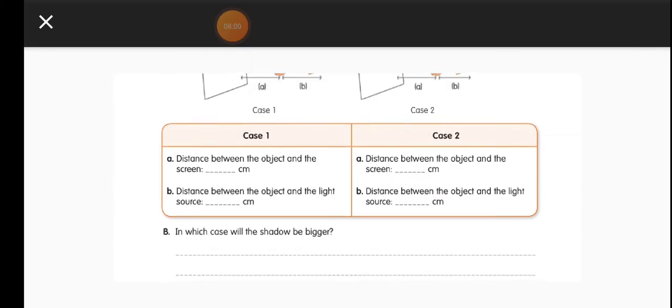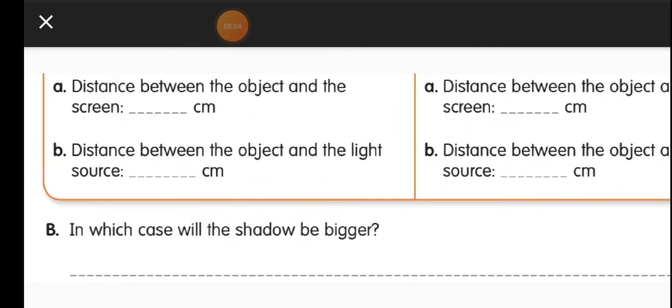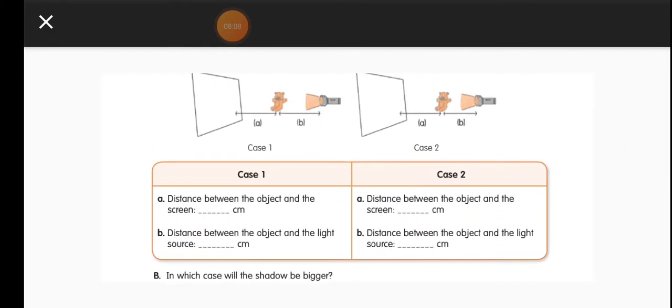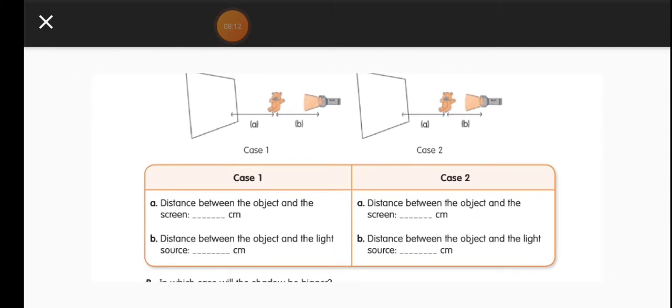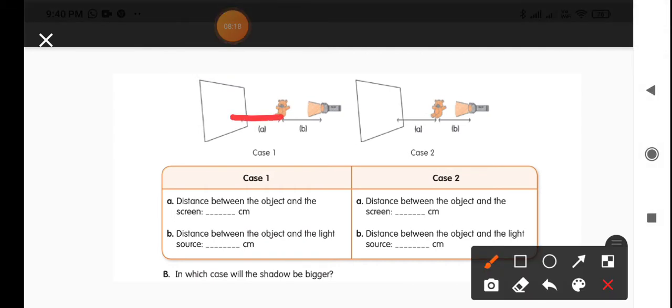So what they are asking here: distance between the object and the screen, dash centimeters. So you need to take your scale and measure the distance between the object and the screen and write here. And the second one, distance between the object and the light source.